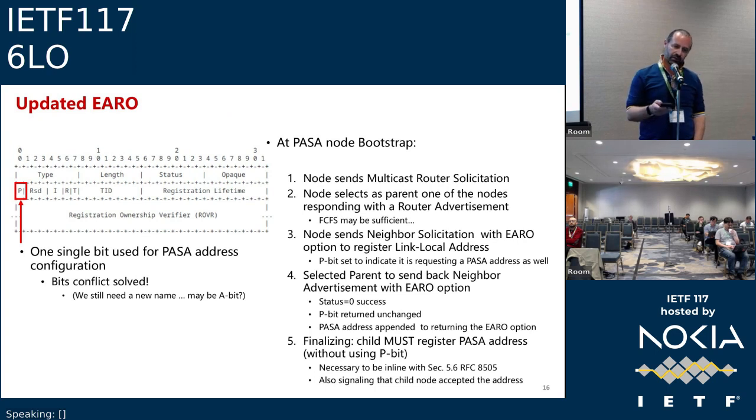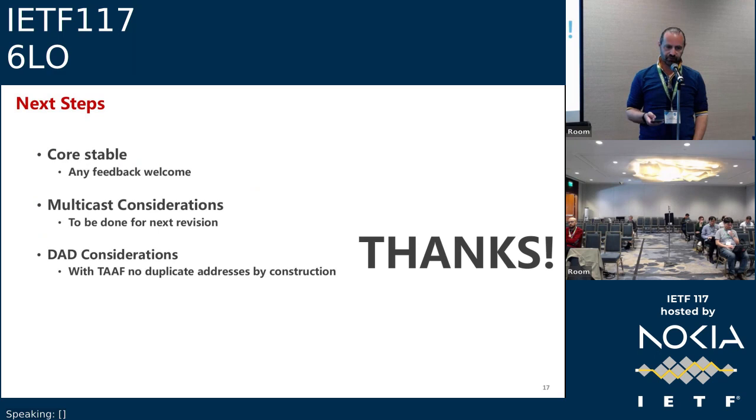Which means that in the error message, what we need is just one bit to signal I'm supporting PASA and I'm requesting an address, so that when we register a link local address, we can also ask for another address based on the PASA specification. And the main procedures remain the same as in the previous version. We just move it around a little bit.